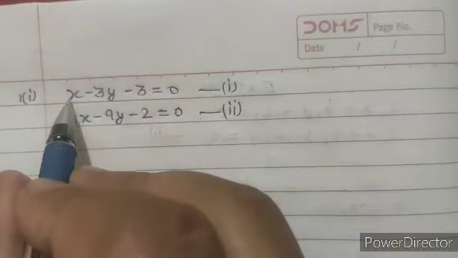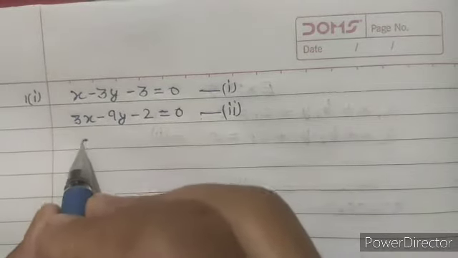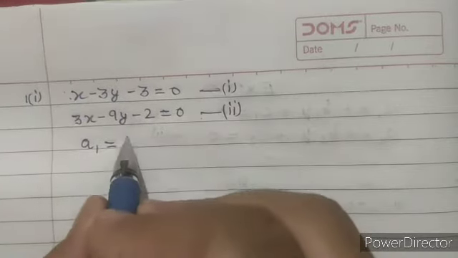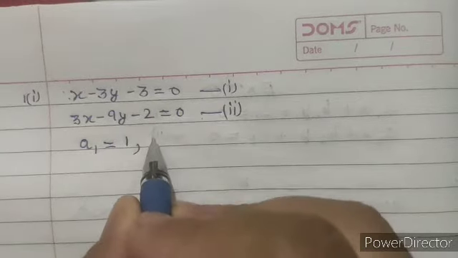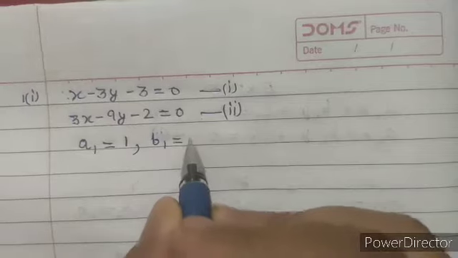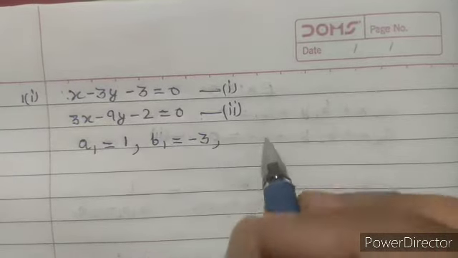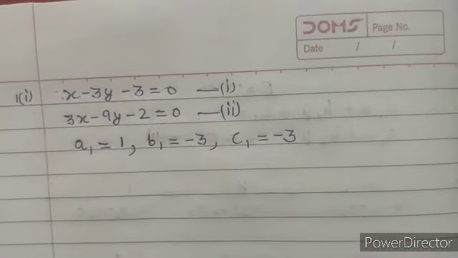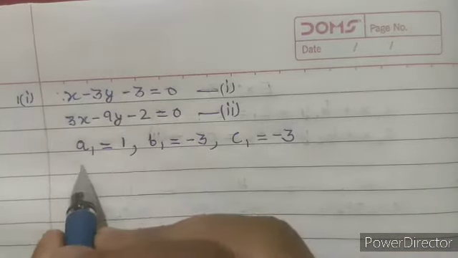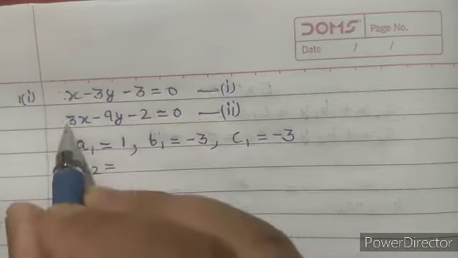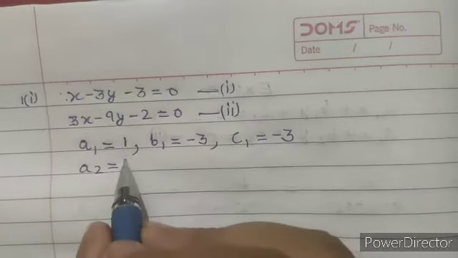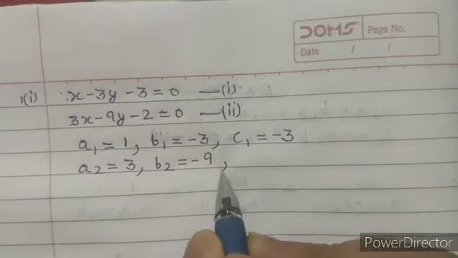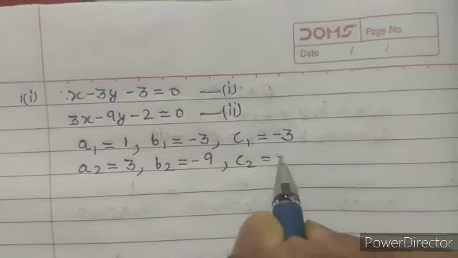For that, here I am taking a1 as the coefficient of x in the first equation, that is 1, b1 as the coefficient of y in the first equation, that is minus 3, and c1 as the constant term in the first equation, that is minus 3. Similarly a2 as the coefficient of x in the second equation, b2 as the coefficient of y, and c2 as the constant term in the second equation.